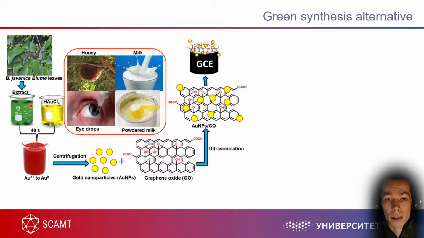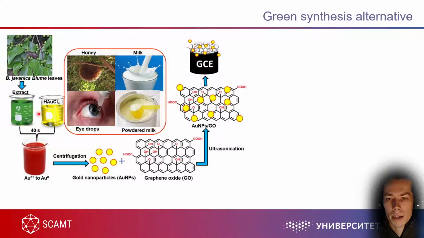And you still need some gold salt, some gold precursors to produce these particles, because as far as I know, there is no such synthesis where you use one extract and a second extract and you obtain gold nanoparticles. It's just gold from nothing. But for now, this extract is used because it's a bit better for the environment than using some, I don't know, other harsh reagents.